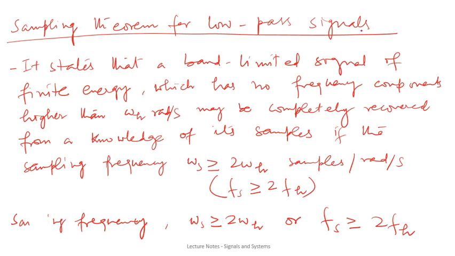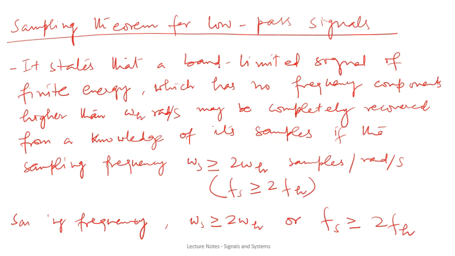Now this sampling theorem for low pass signals tells you about the reconstruction of the original signal from its sampled version. Now what does it state?